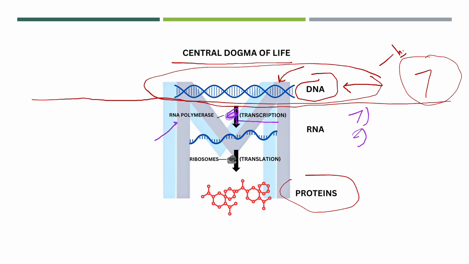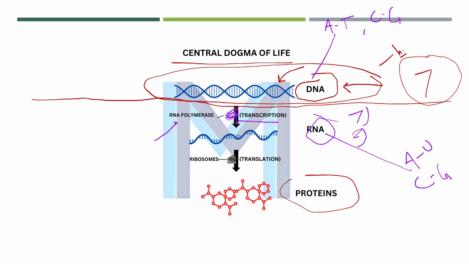So adenine, uracil, cytosine, and guanine. If you remember, in DNA, we had the pairing of adenine to thymine and cytosine with guanine. But when we're talking about RNA, we have the pairing of adenine with uracil and cytosine with guanine.